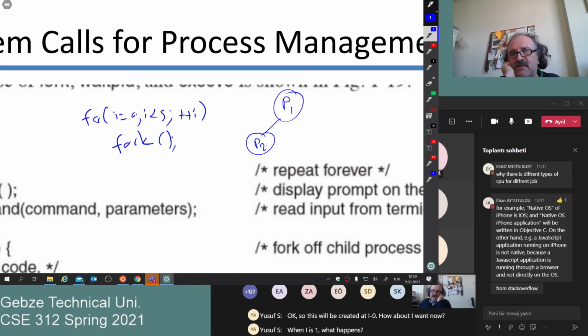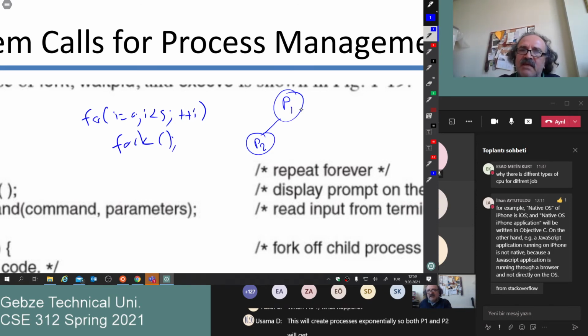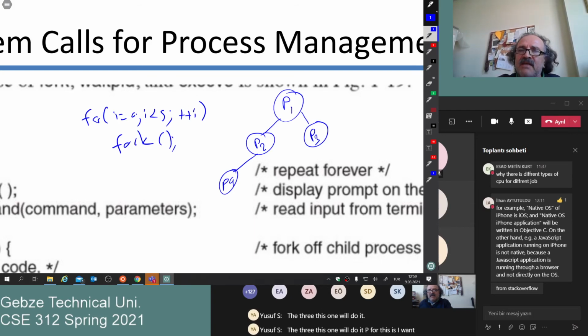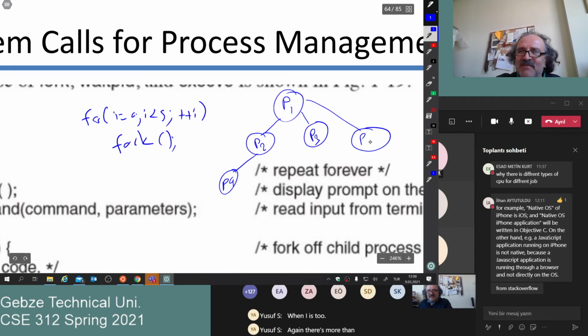This will create processes exponentially, so both P1 and P2 will get another process. Exactly. This one will make P3, this one will make P4. This is i = 1. When i is 2, again, this is more than exponential. P5, and this one P6, P7, P8, right?